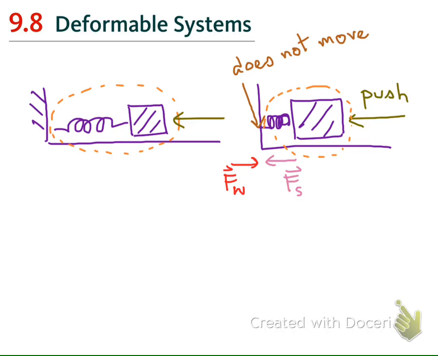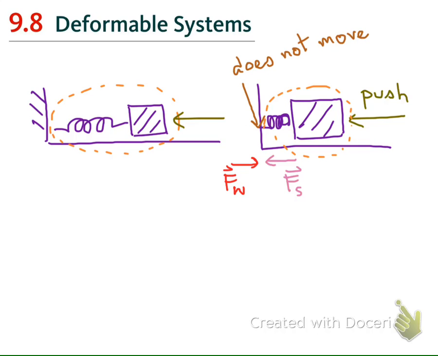What happened is that the system deformed, changed its shape. But the point where the wall exerts the force on the system does not move. That is a very important point.